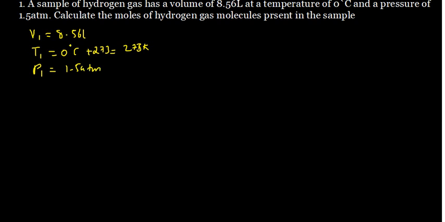Now I want to calculate the moles of hydrogen. How do you calculate the moles of hydrogen? We know that pressure, so we don't have number of moles here. Pressure multiplied by volume is equal to NRT. And so this is going to give us pressure, which is, now again here we have the universal gas constant. So the universal gas constant has got different values. The value that you are going to use depends on the units of volume, temperature, pressure that you've been given.